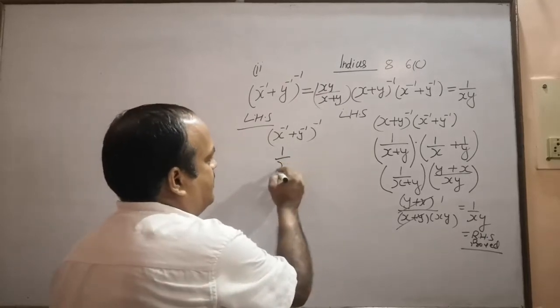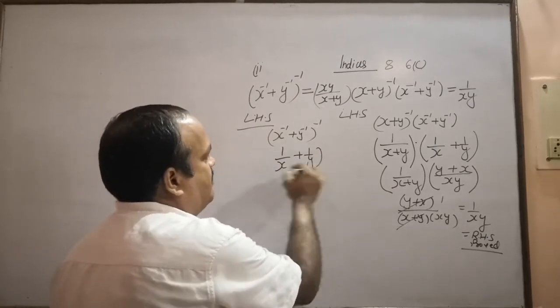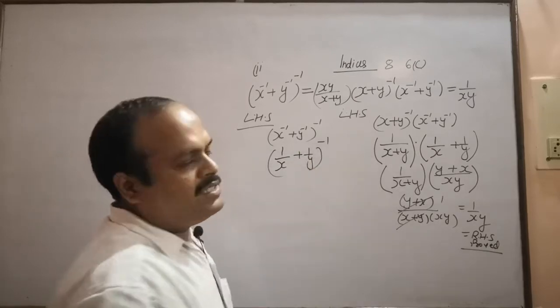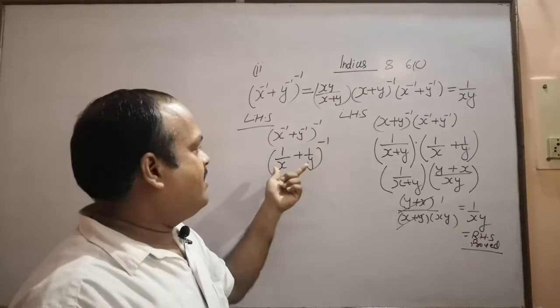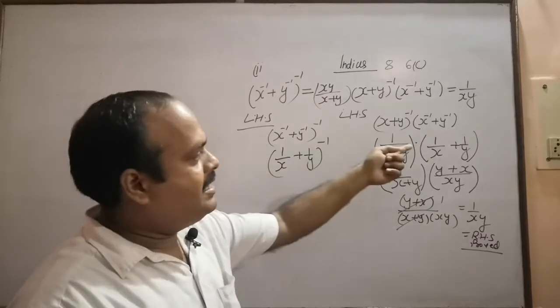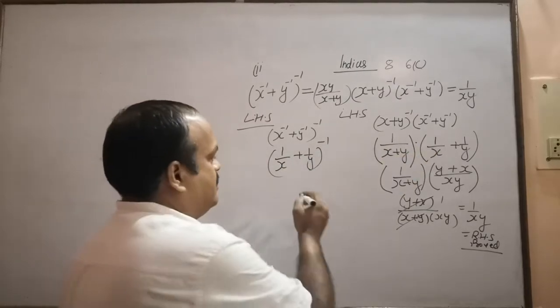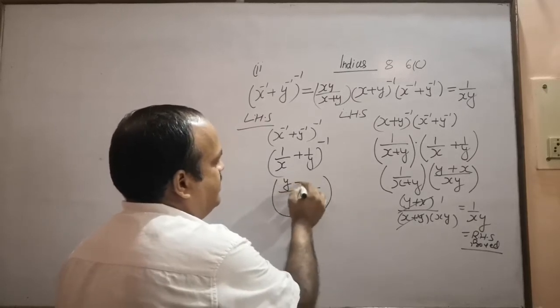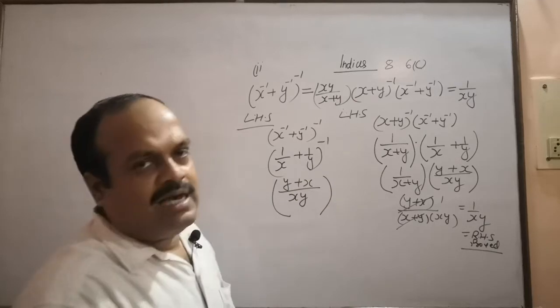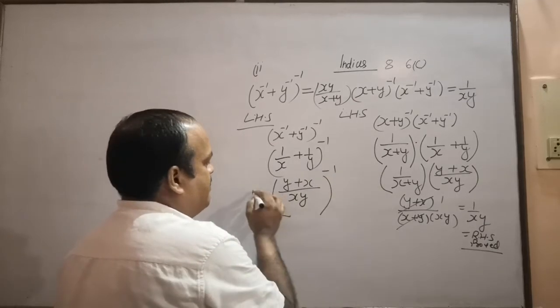So we get (1 upon x plus 1 upon y) raised to minus 1. So we will first add the fractions as we added here. So LCM is xy, here we get y, then here x, the bracket has its power minus 1.